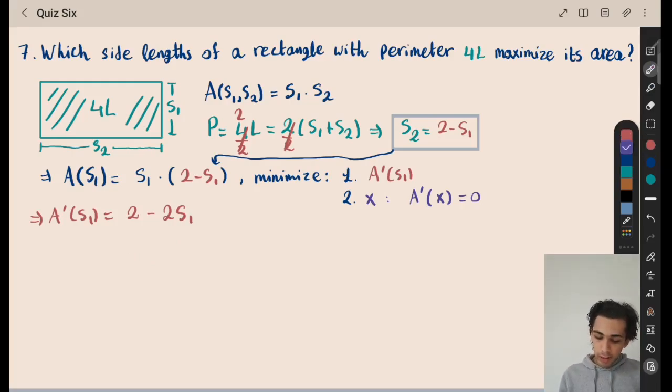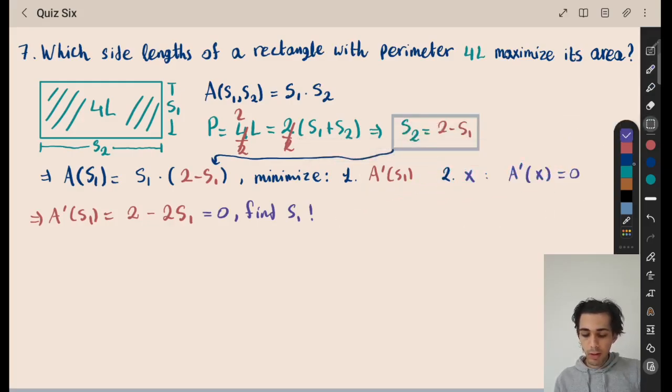Okay, and then the next step would be to set this equal to 0 and find S1, the S1 that will make your derivative equal to 0. And this is not too difficult to see now. You just need S1 to be equal to 1.